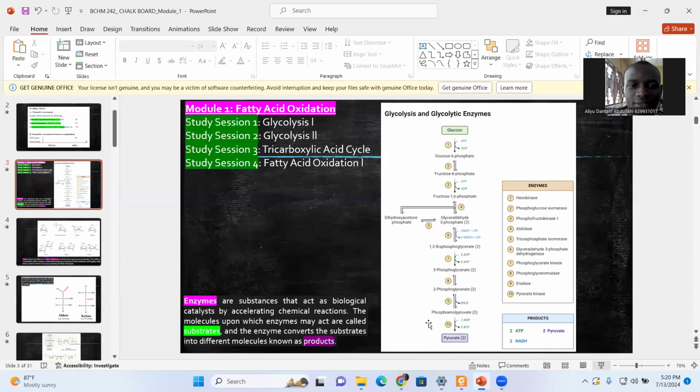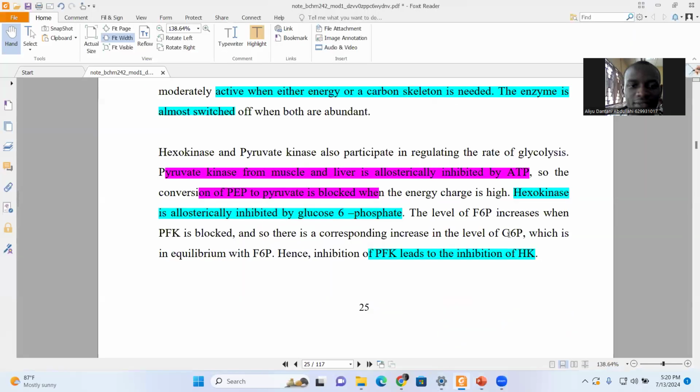So this is just to prove the regulatory roles of these three enzymes, while pyruvate kinase from muscle and liver are allosterically inhibited by ATP. I hope you understand this concept of allosteric regulation.